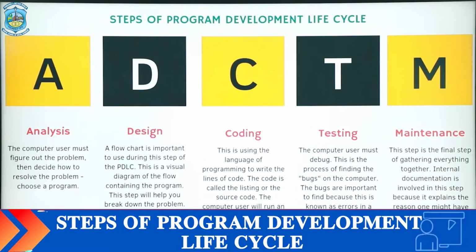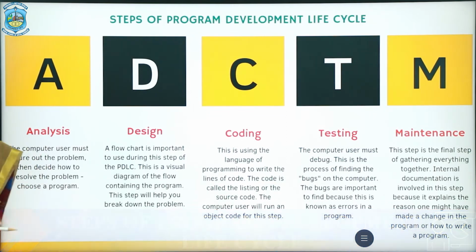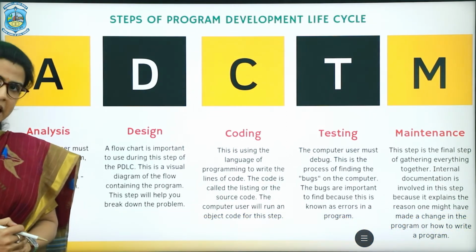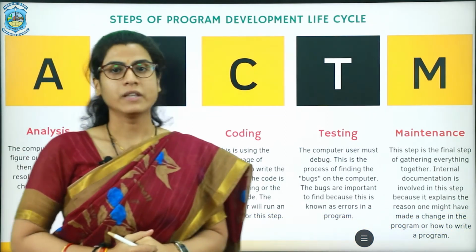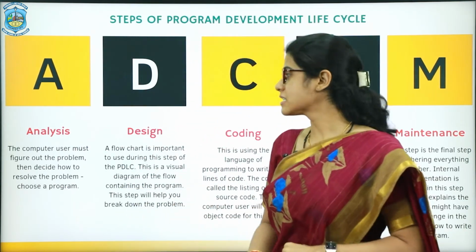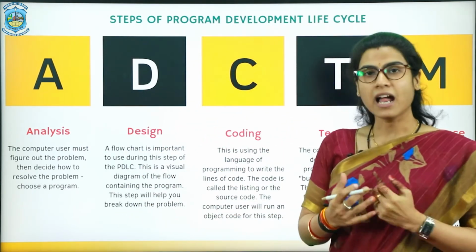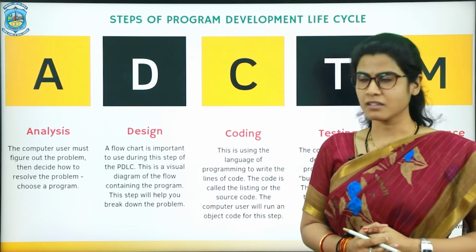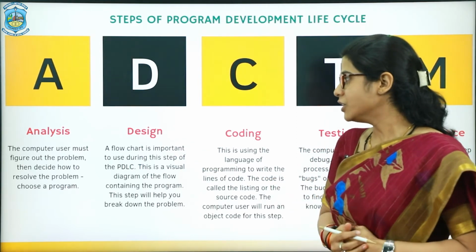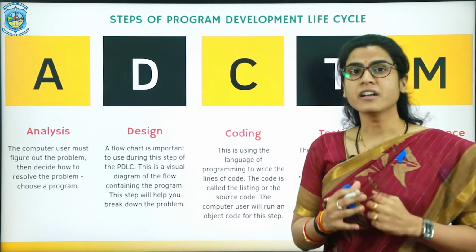Here you can see that I have made some alphabetic notations for each of the stages of the program development life cycle. So let's begin with the very first step, that is analysis. Analysis basically deals with the computer user who must figure out the problem.